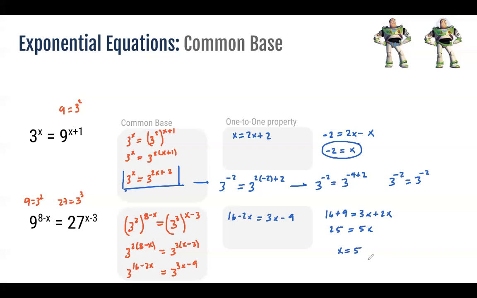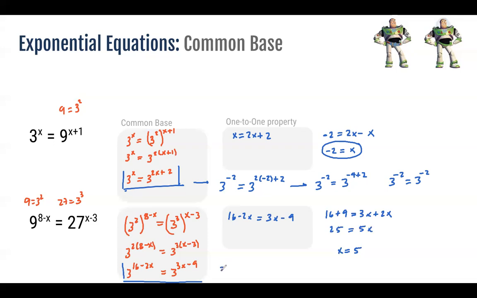If you want to corroborate your answer, if you want to make sure that you did everything right, you can substitute the 5 in this version of the equation. You could do it here, but this is going to be more straightforward because you're going to end up with the same base and the same exponent.